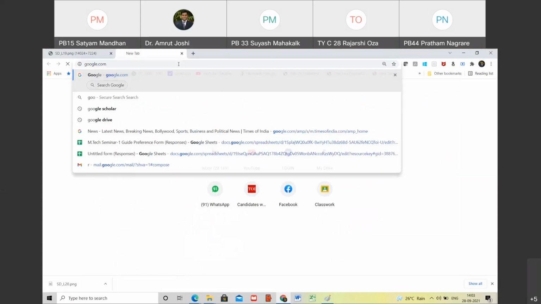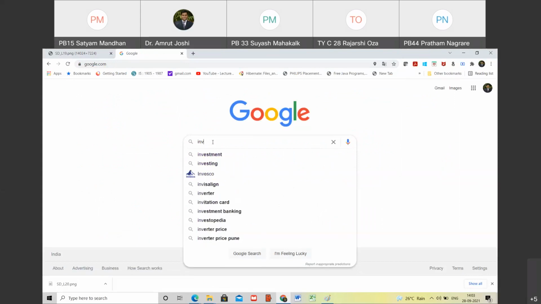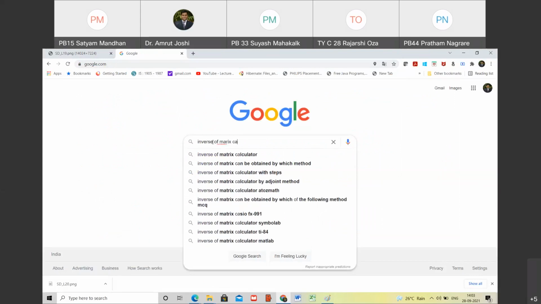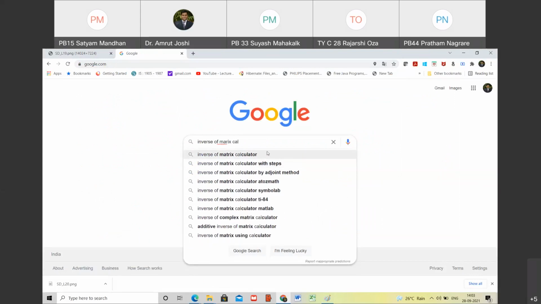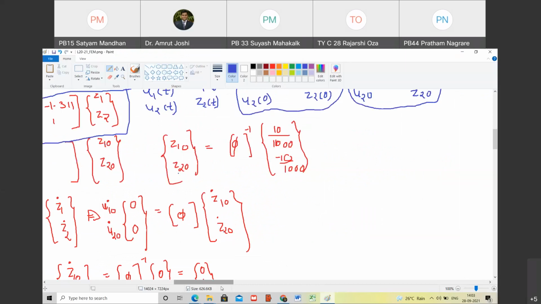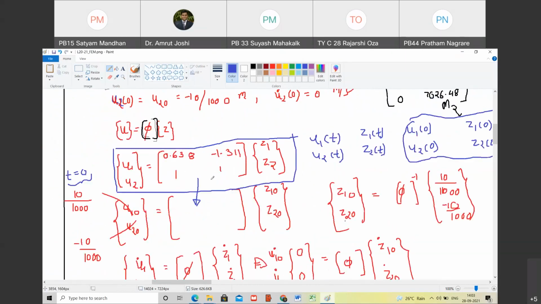So the first thing that we will do is find the inverse of the phi matrix. Let us do that calculation online. Do me a favor, take a snapshot of this phi matrix, 0.6381, minus 1.3111. Let me know once you are done with the snapshot.